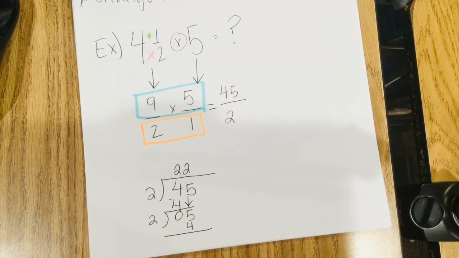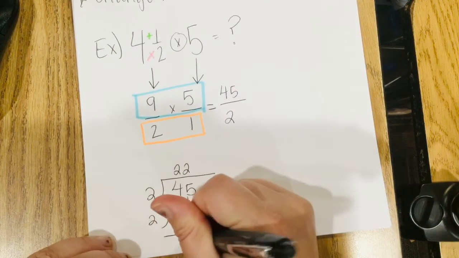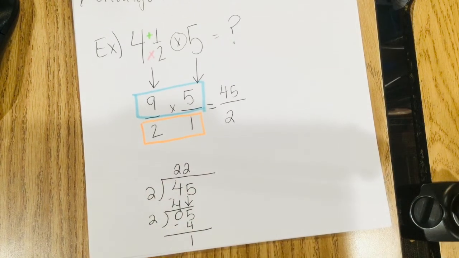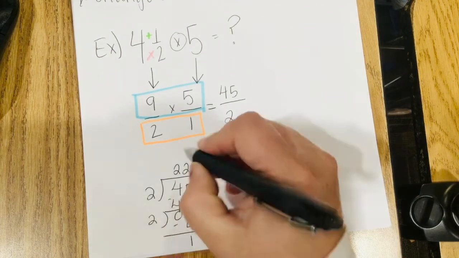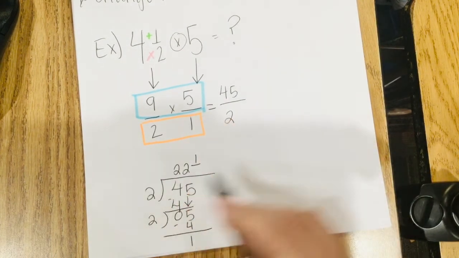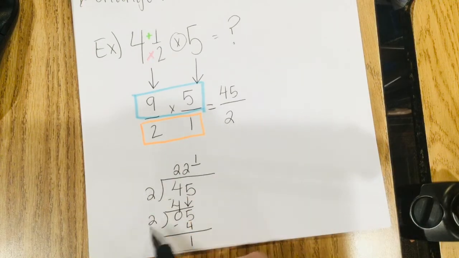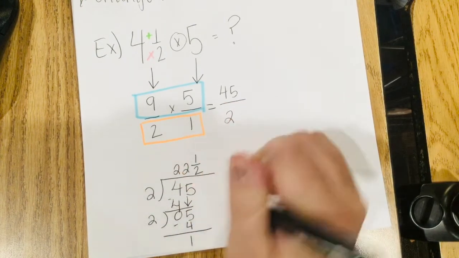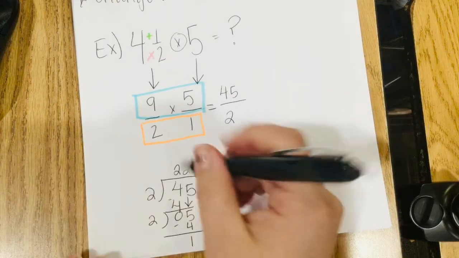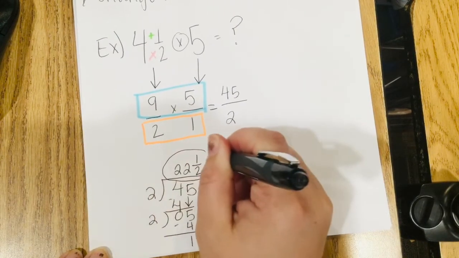And I subtract. 5 minus 4 is 1. And that's our remainder, which we know now becomes our new numerator. So I'm going to carry up the 1. Our denominator stays the same. And that is my answer.